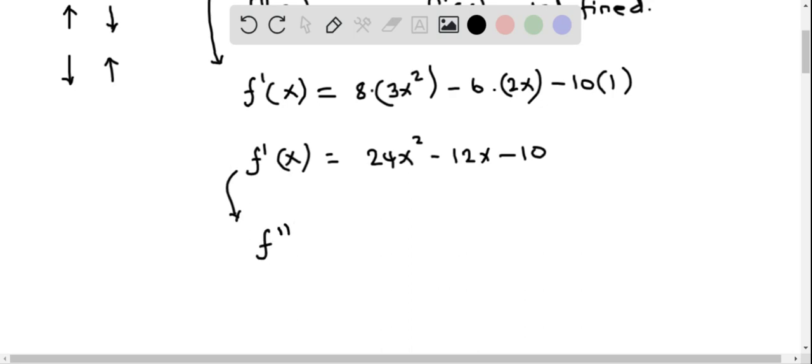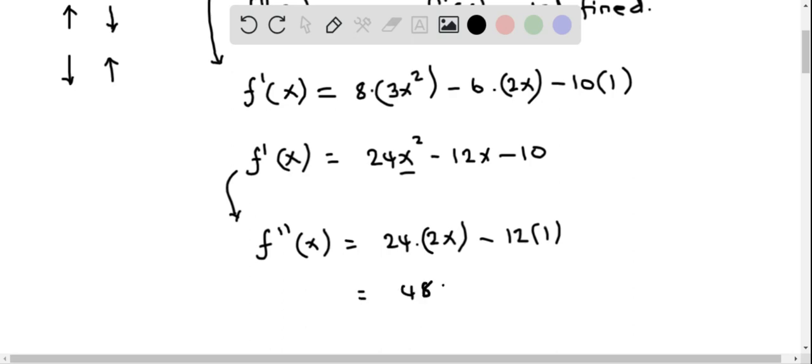So we get f double prime of x, and this equals 24 times the derivative of x squared, which is 2x using the power rule, minus 12 times the derivative of x, which is 1. So we get 24 times 2 is 48x, minus 12 times 1 is 12. This is the second derivative of the function f of x.